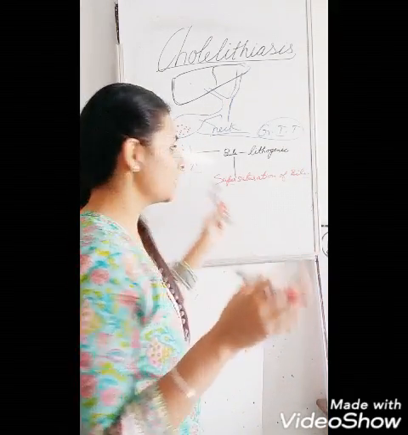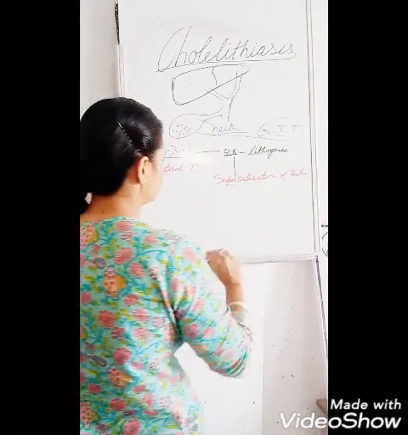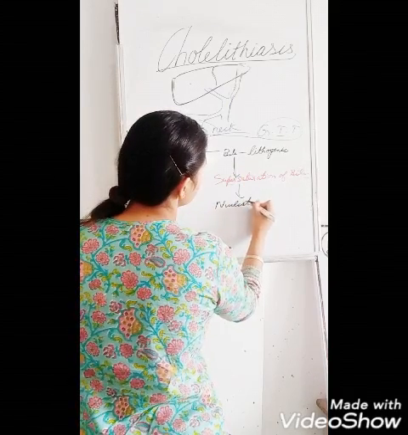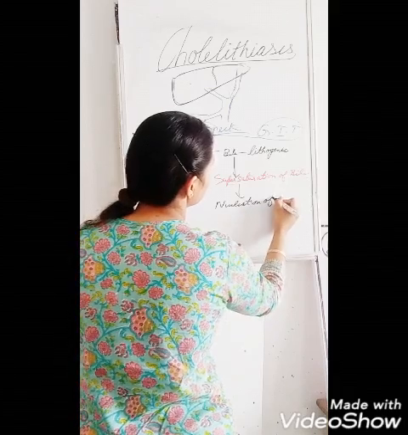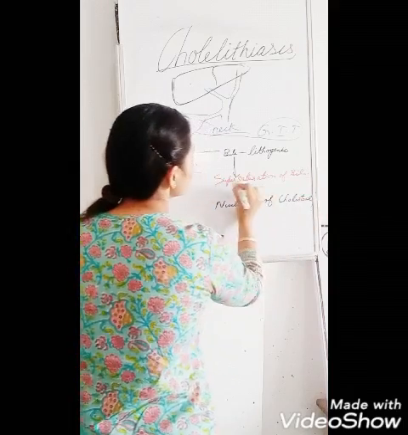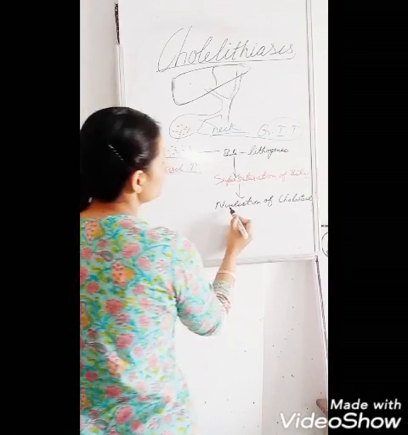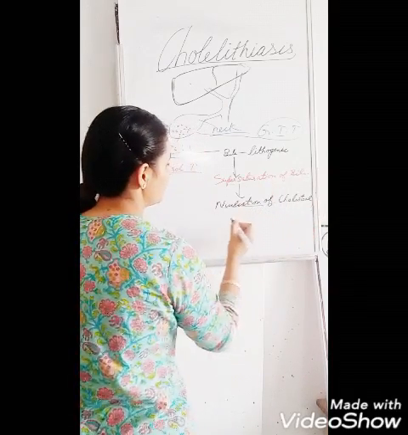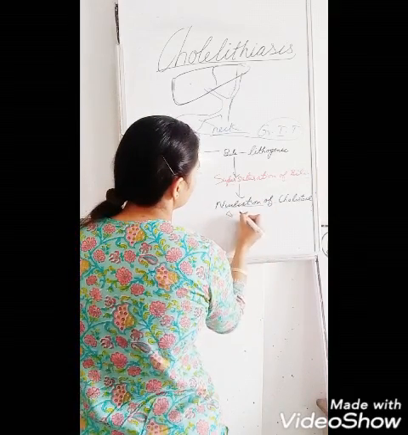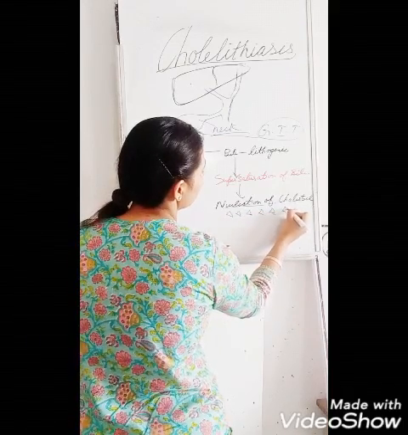Now when the cholesterol is in excess, there will be nucleation of cholesterol. There is saturation of the bile with cholesterol, so there will be nucleation of the cholesterol. So the cholesterol will become like this.